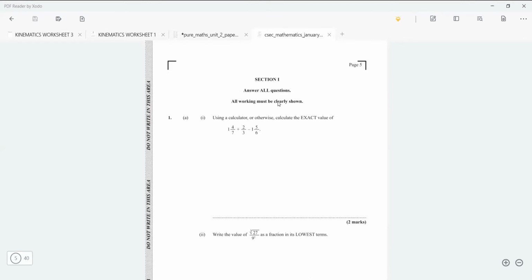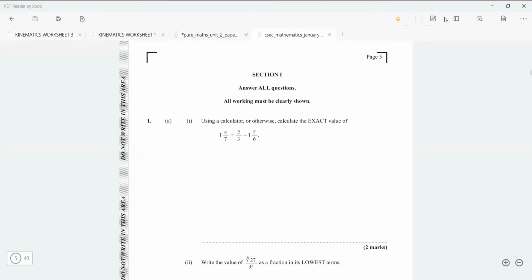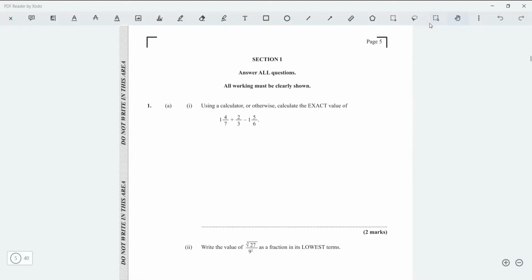The formula sheet, this is question one. Question one says, using a calculator or otherwise, calculate the exact value of this. Just take out the calculator and punch it in. You really don't need to waste any time.